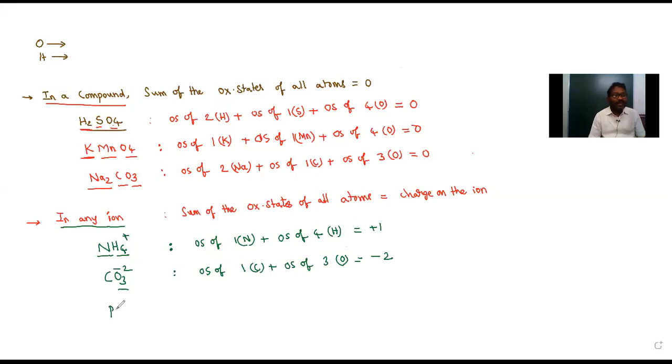For example, you take PO4 minus 3 ion. How many phosphorus atoms? Only 1. Oxidation state of 1 phosphorus atom. Oxidation state of 4 oxygen atoms is equal to minus 3.